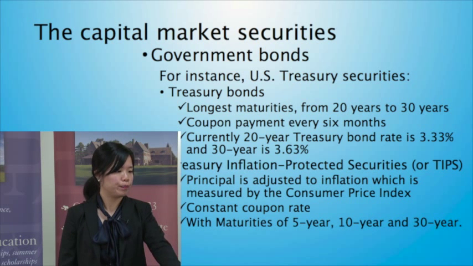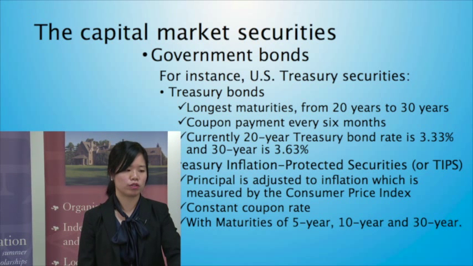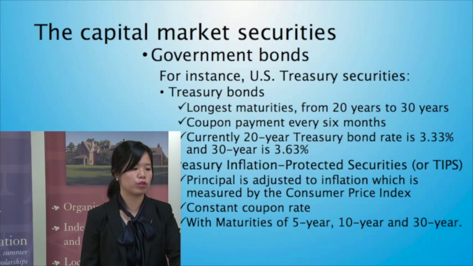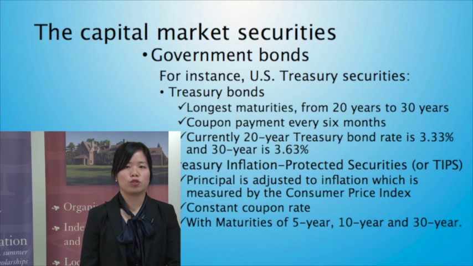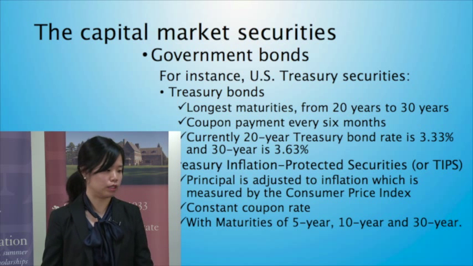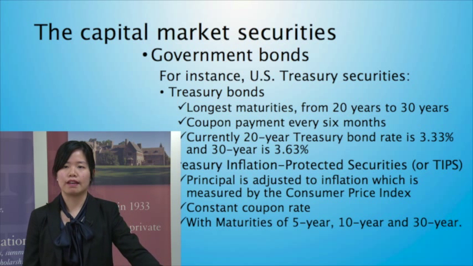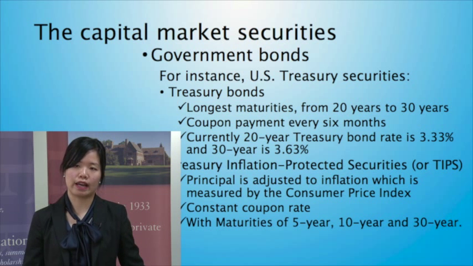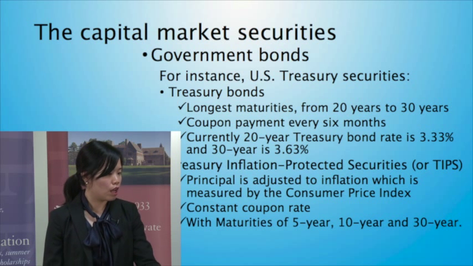So I want to talk about two kinds of US treasury securities. One is treasury bonds. Usually it has maturities of 20 or 30 years, long-term investment. But the good news is you get a coupon payment every 6 months. So you will have stable cash flow every 6 months.